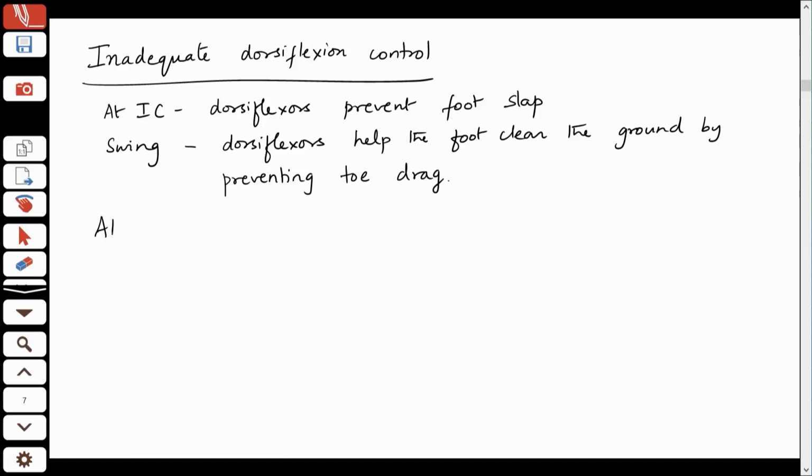It might happen that in some cases the heel is not what hits first. There could be some deformity in the foot. So, these would be cases of abnormal foot contact.